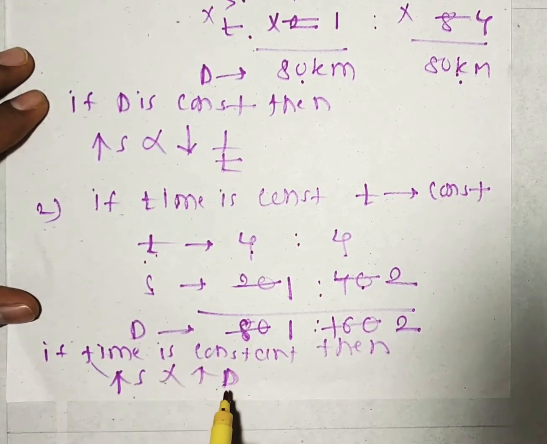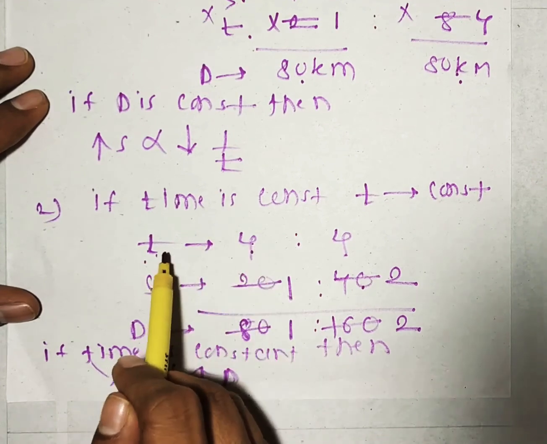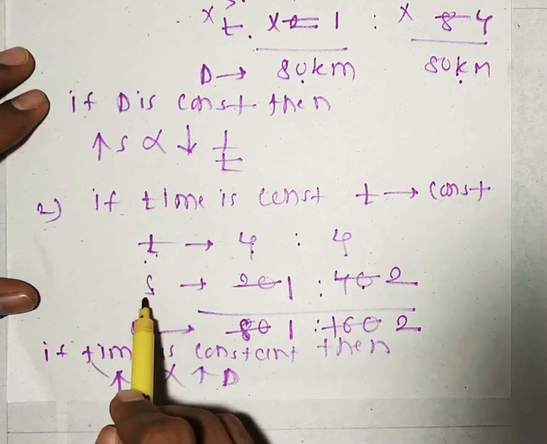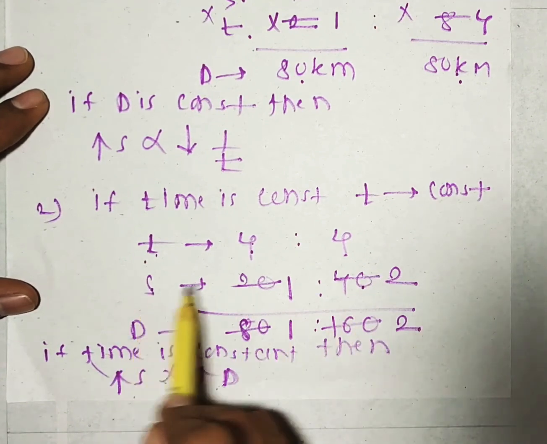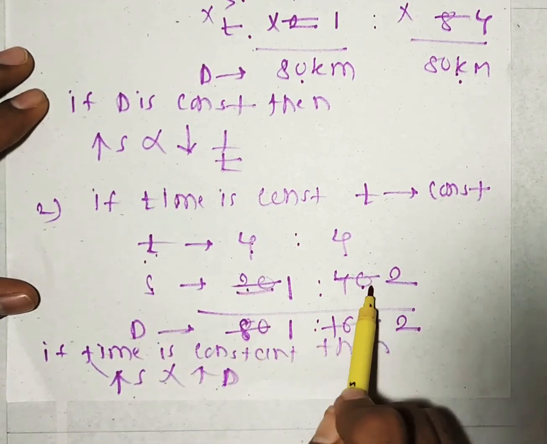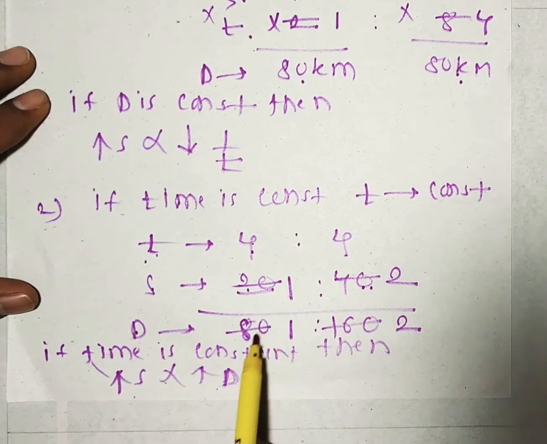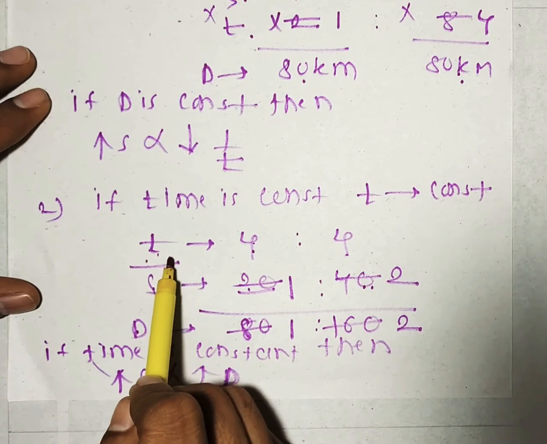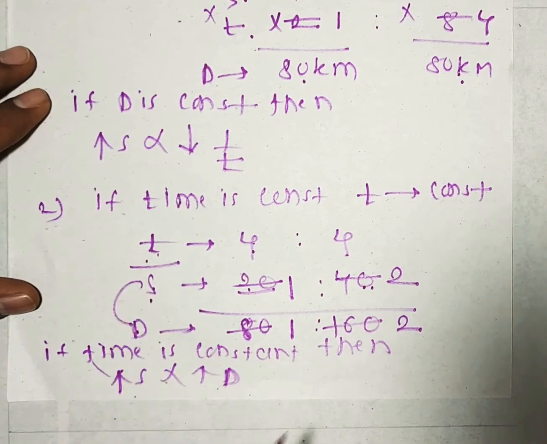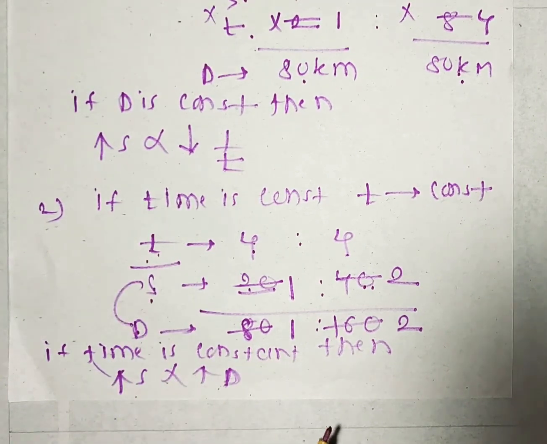We took time as a constant 4, and when the speed goes from 20 to 40, the distance goes from 80 to 160. As the speed increases, the distance also increases. This is the second case. Now let's see the third case.